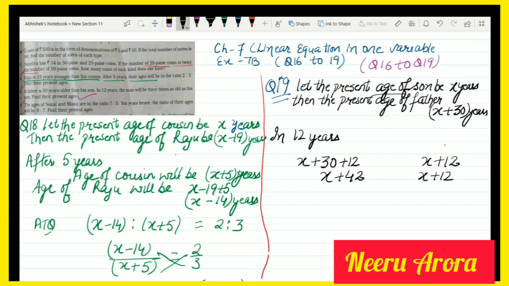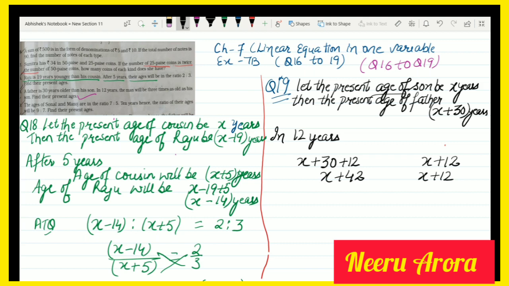Now I just want to give you one example. At this stage, we can equate only when both sides have the father's age. Suppose I say father is 42 years and son is 14 years. I cannot say these are equal, and I cannot equate them.